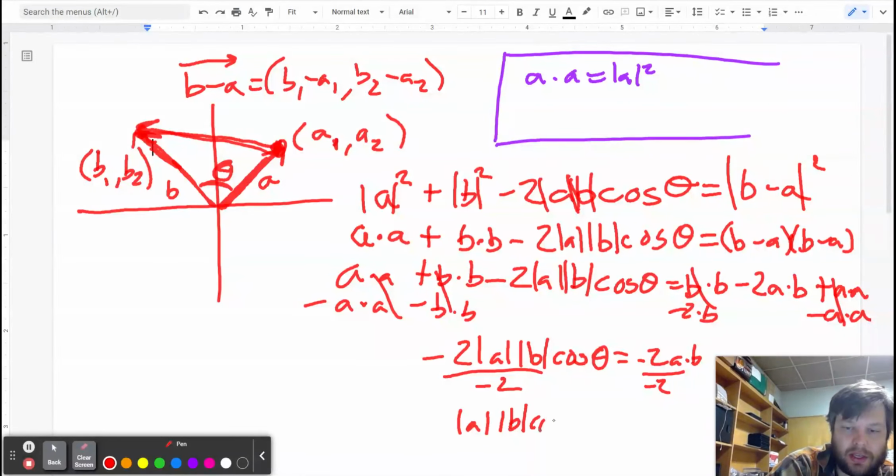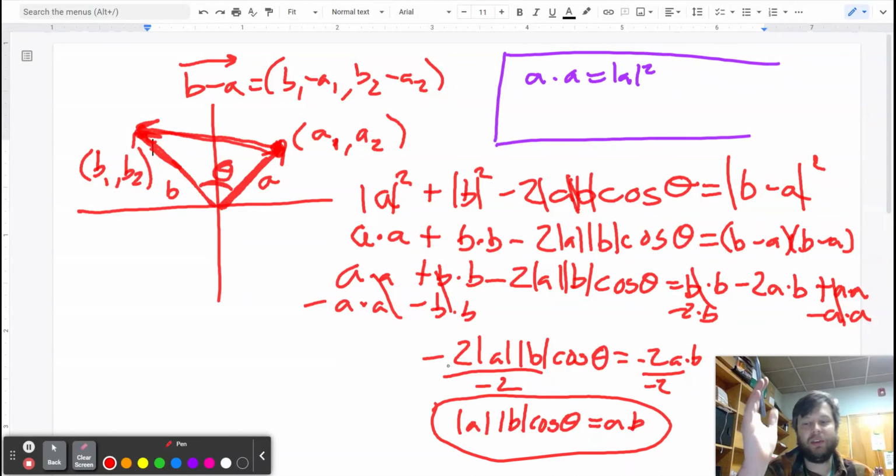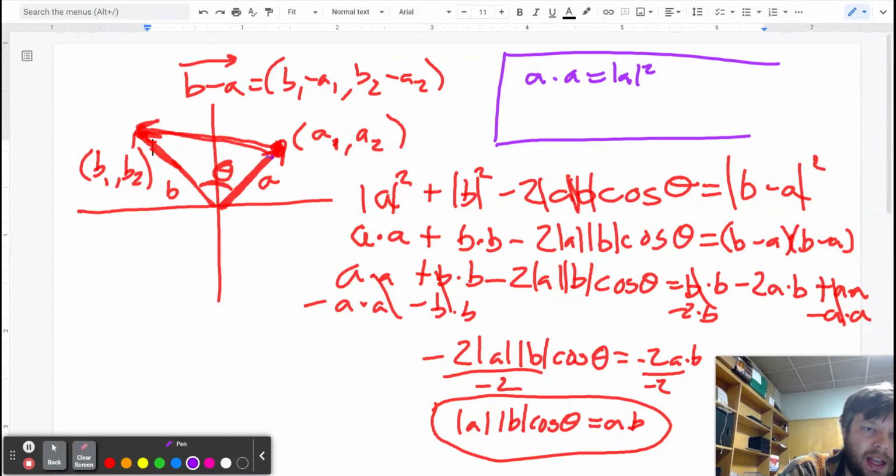So the key intuition here is that when you draw two vectors a and b and you subtract them, the resulting vector will connect between the endpoints of your two original vectors. Just think about the components there and why that makes sense. b1 minus a1, b2 minus a2 tells you how far apart the x values are and how far apart the y values are. You can think of it in terms of rise and run.